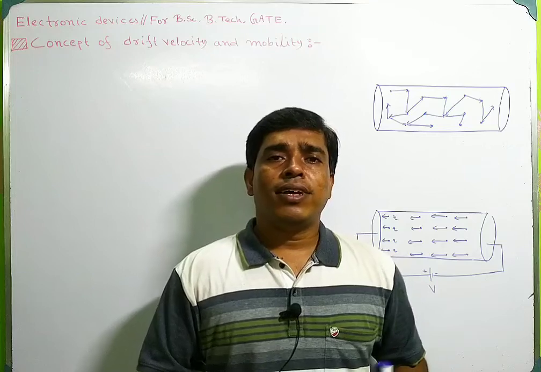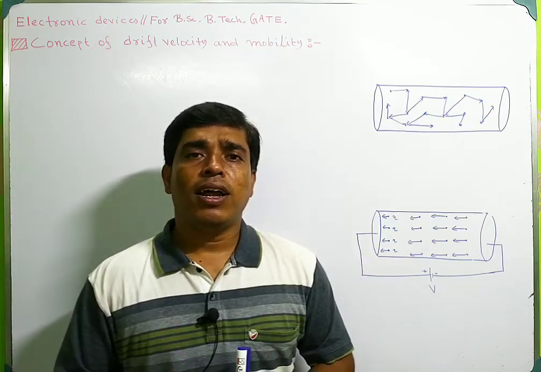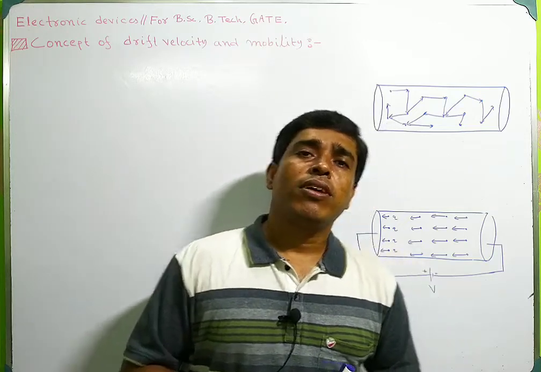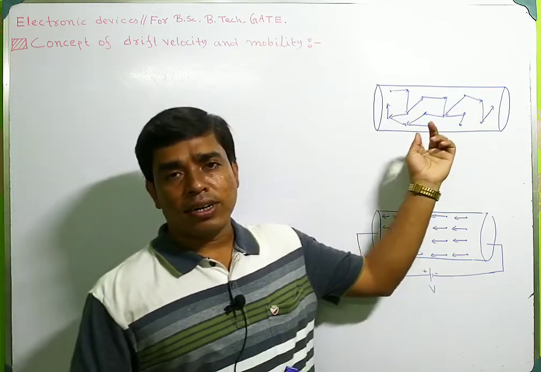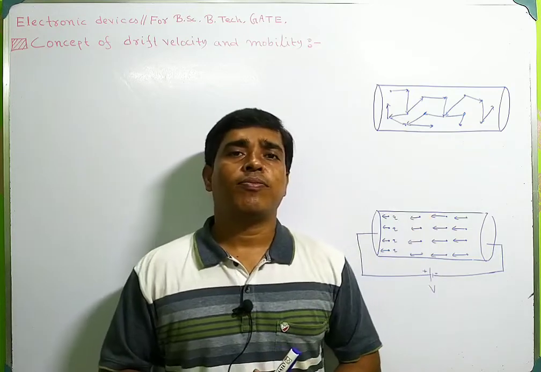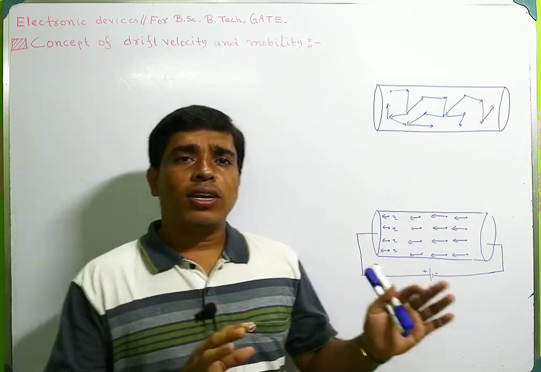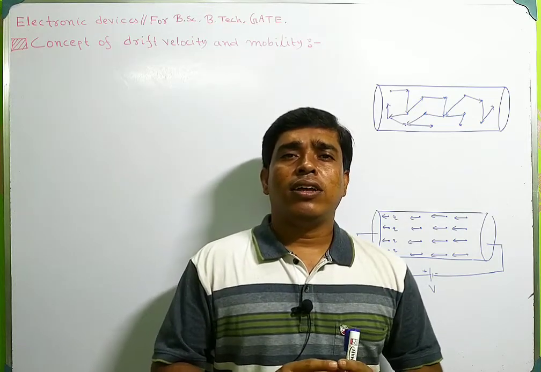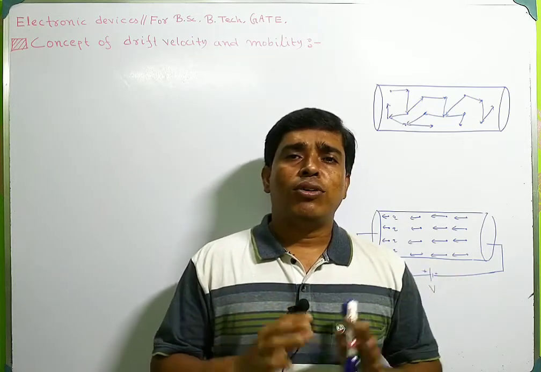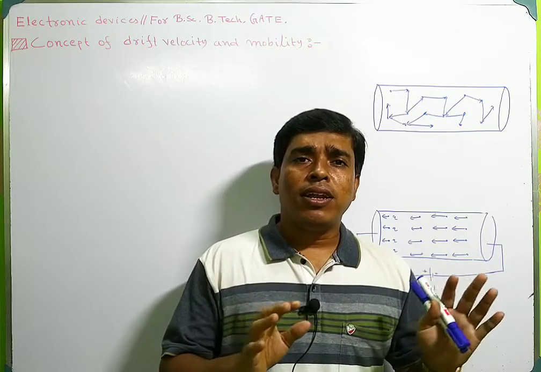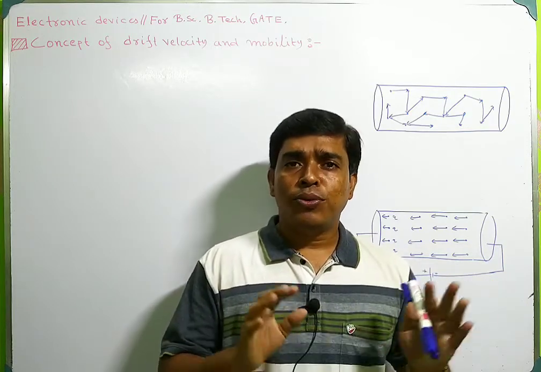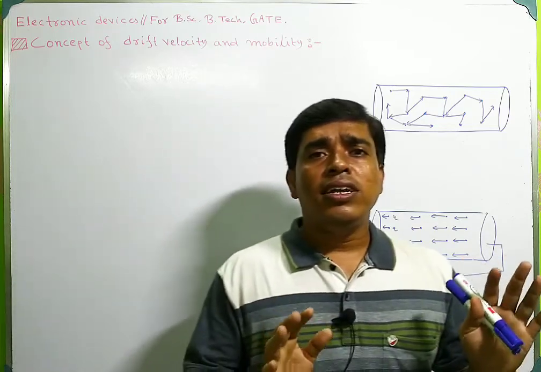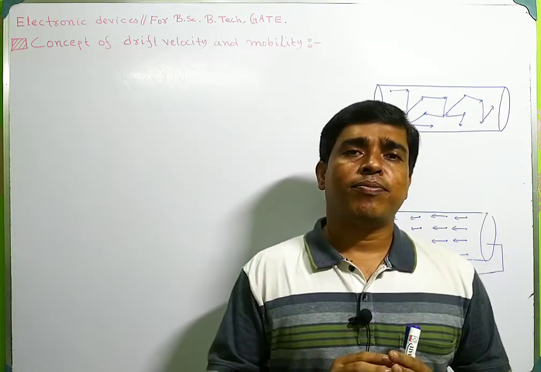We will discuss drift velocity and mobility of charge carriers. Suppose this is a conductor or semiconductor. Each conductor or semiconductor is made up of several atoms which are arranged in a specific manner.